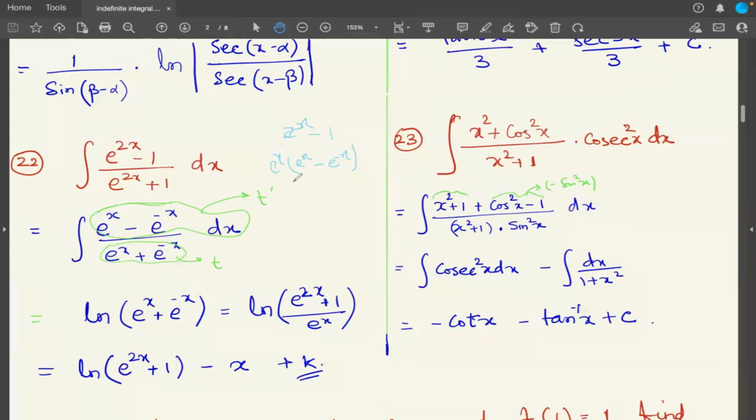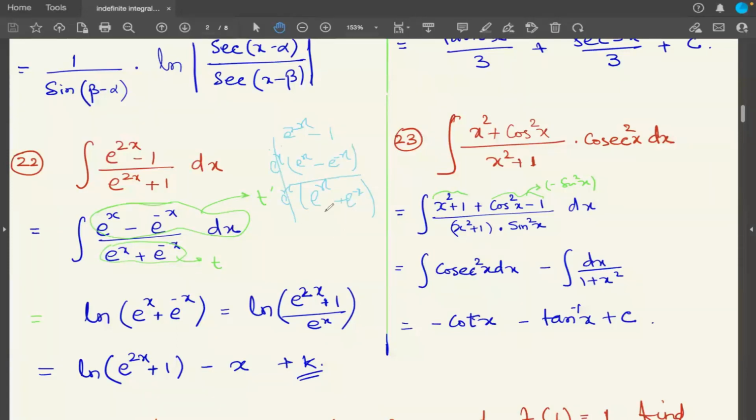Similarly, in the denominator, we take e to the power x common, so we get e to the power x times (e to the power x plus e to the power minus x), and now this e to the power x gets cancelled.